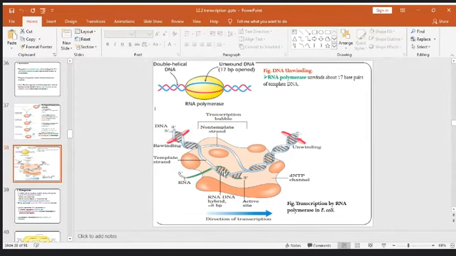In this diagram, as you saw, there is a lighter greenish color and a deep greenish color. It can be used to indicate the presence of introns and exons in the synthesized RNA molecule.